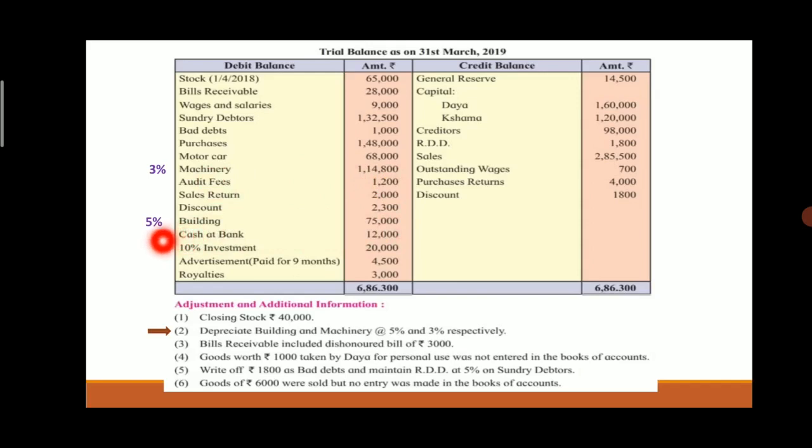So how much depreciation are we going to charge? On machinery 3% and on building 5%. Let me show you how to charge. See here, the building and machineries amounts. On each we are going to charge some percentage of depreciation.